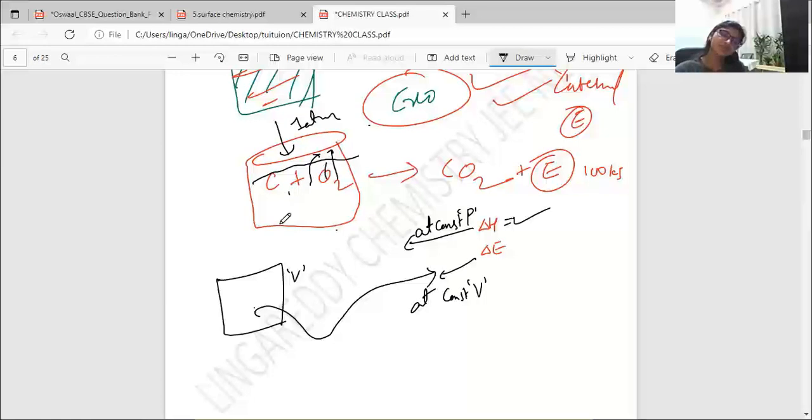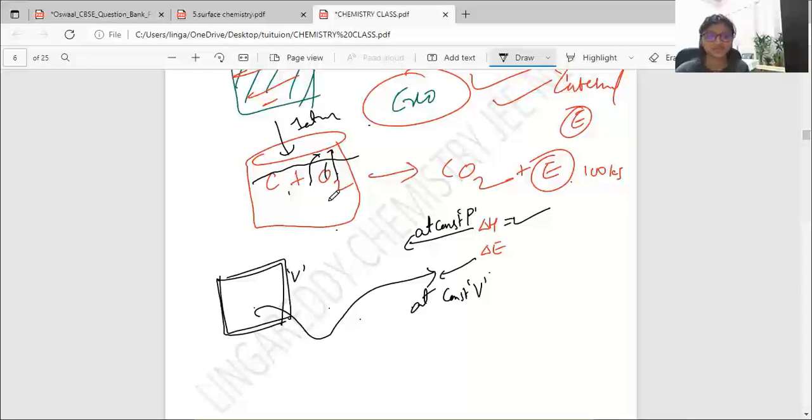It is not fixed volume. But in the pressure cooker, it is fixed, closely packed. At constant volume, if energy is released, that is delta E. At constant pressure, if energy is released, that is delta H. In both cases, both are energies only, but the condition is different.